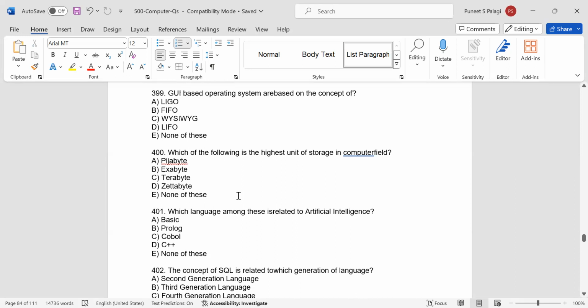GUI-based operating systems are based on the concept of LEGO, FIFO, then LIFO, the third option.